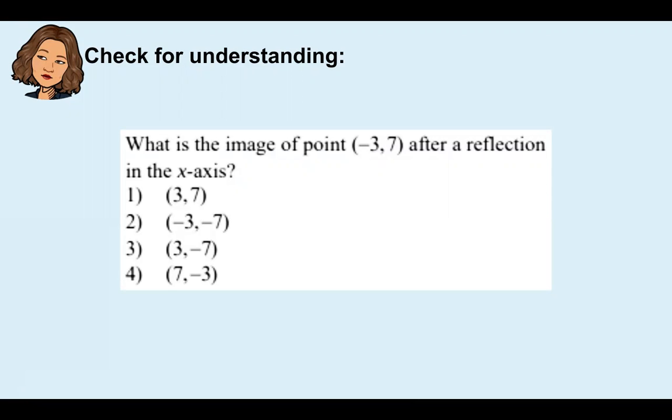Okay, so we can go ahead and take a look at the (-3, 7). And notice that when we reflect in the x-axis, remember that the only thing that changes is the sign of the y value.